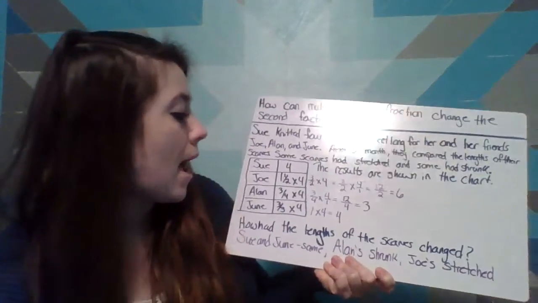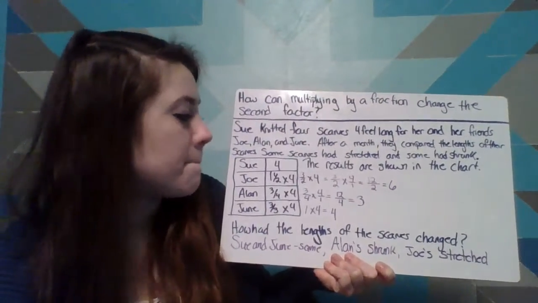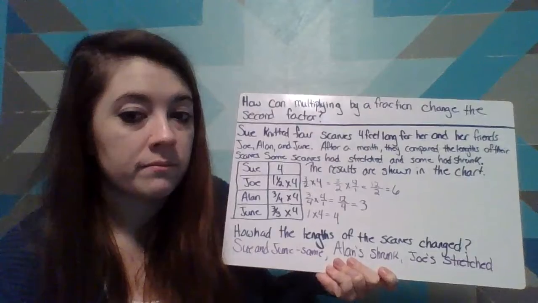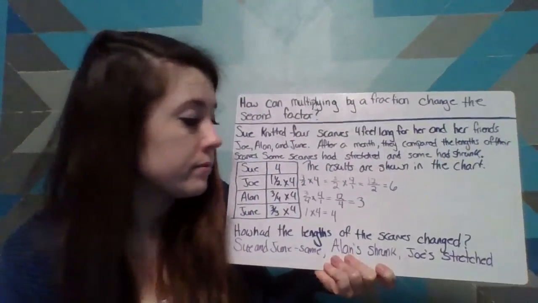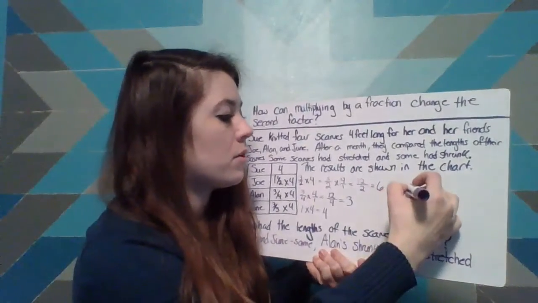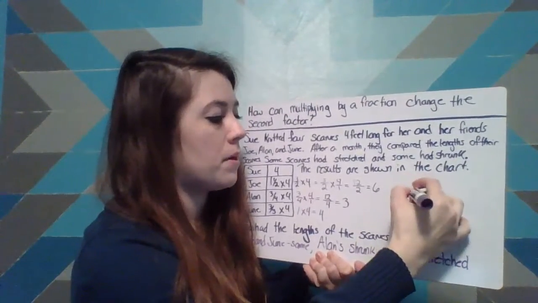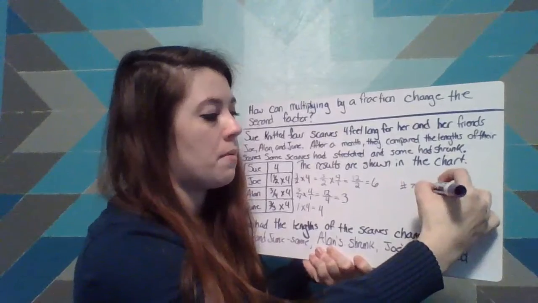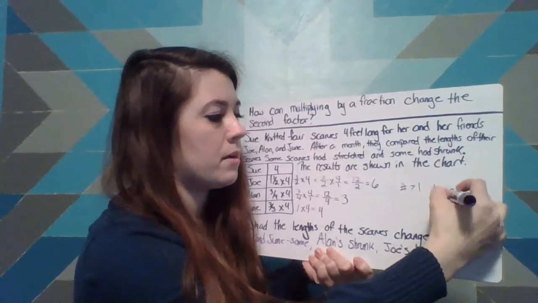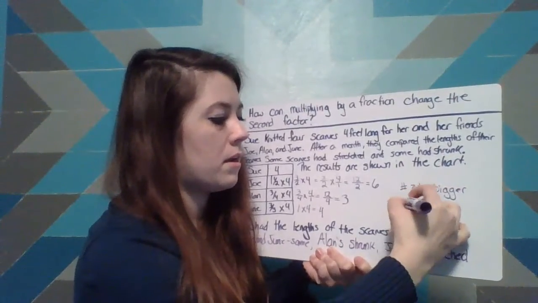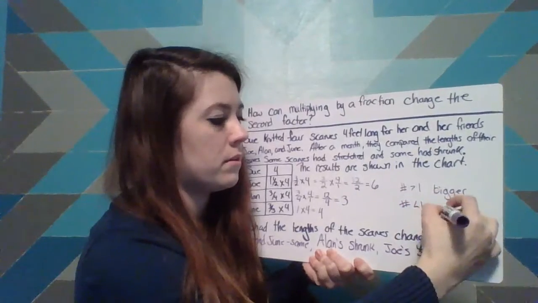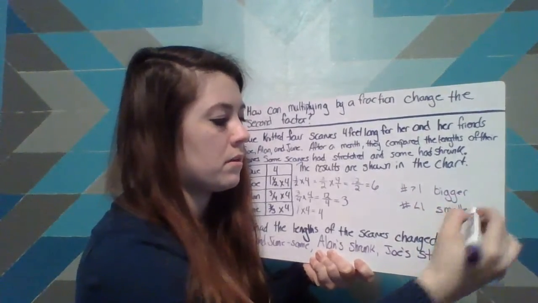If we multiply by anything bigger than 1, it's going to make it bigger. So, a number greater than 1, bigger; a number less than 1, smaller.